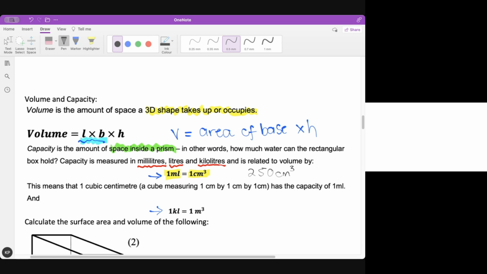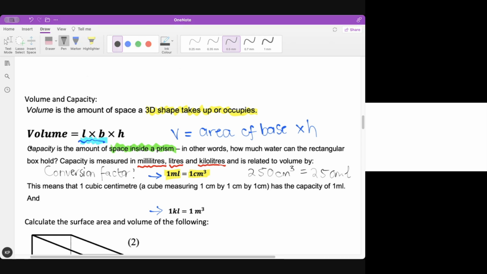Thank you, Seth. It is 250 milliliters. Do you see? It's a conversion factor, Andile. There we go. Okay, this is the same as 250 milliliters. Do you see how easy this is?